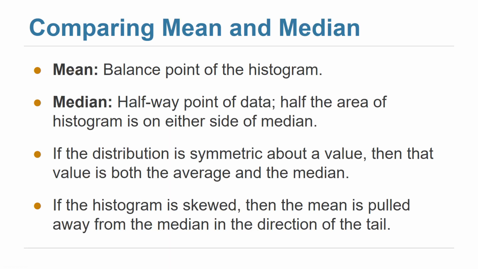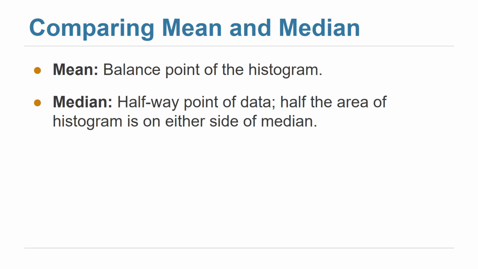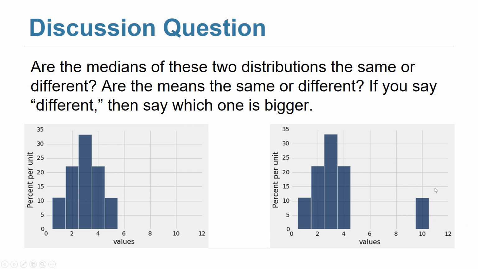If the histogram is skewed, then the mean is pulled away from the median in the direction of the tail. Let's look at that in the previous example. Here, the distribution is skewed to the right, so there is a tail to the right, and the mean will be far away from the median in the direction of the tail, which is in this case the right direction.